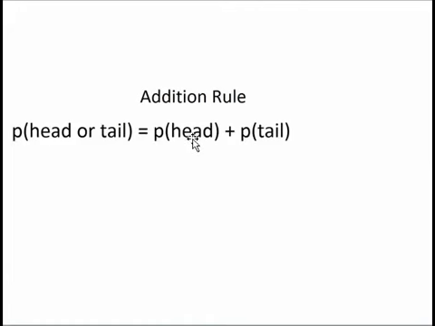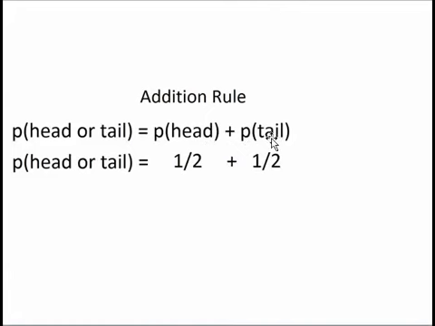So, we know that the probability of a head is 1/2, and we already know that the probability of a tail is 1/2 because 1 out of 2 sides have a head, and 1 out of 2 sides have a tail. That means that the probability of getting a head or a tail when a coin is flipped is equal to the total of these two probabilities. So we just have to add 1/2 plus 1/2 to get the answer.